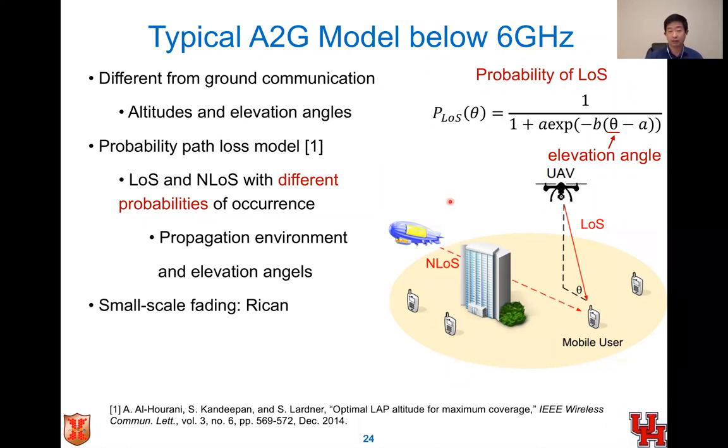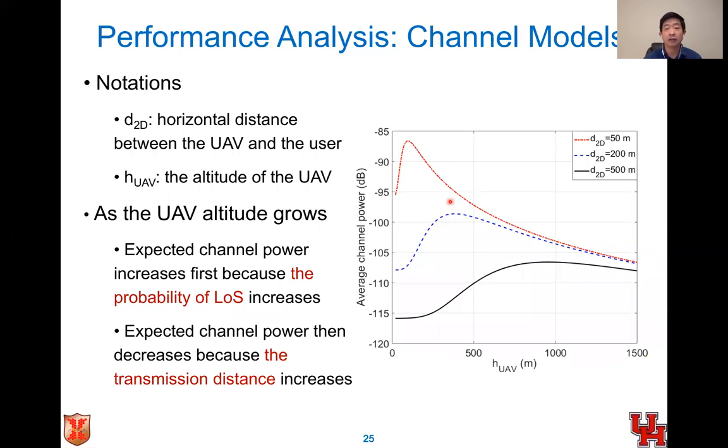And also, the channel model for UAV, if the UAV is flying, this is the UAV height, and then this is the horizontal distance between the UAV and the user. So you will see that the optimal height will be different due to the triangulation. So in other words, from this figure, what I want to say is that this is a 3D problem.